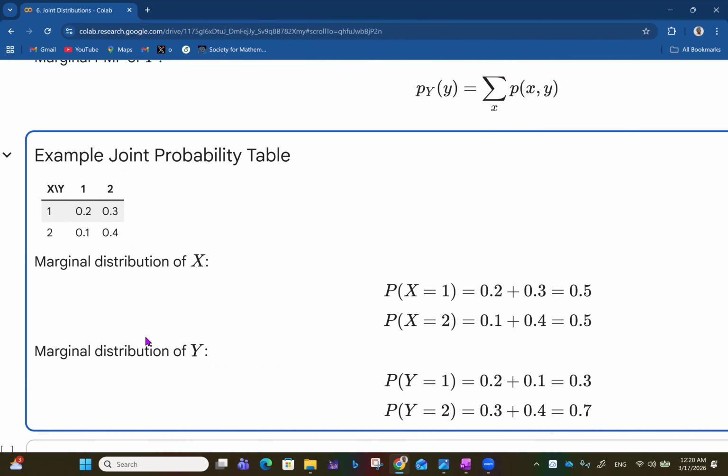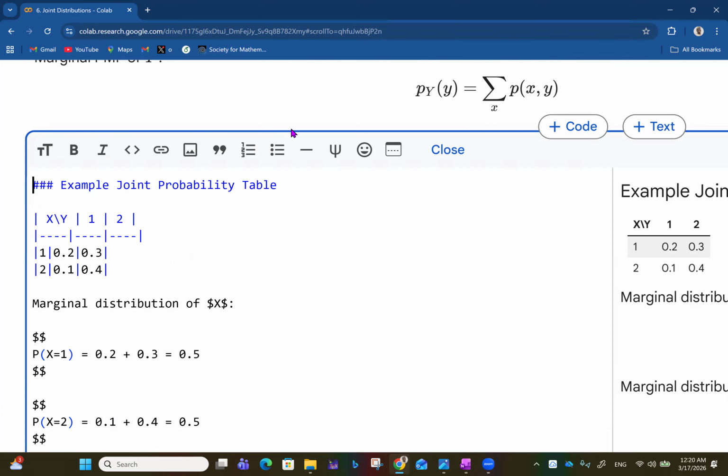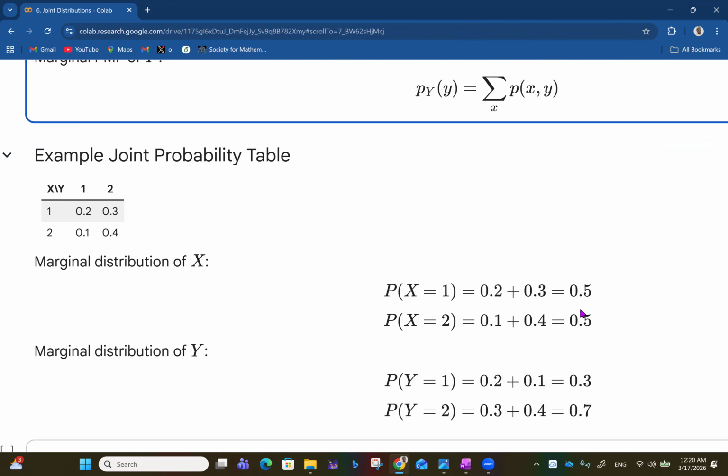Then if you're talking about the marginal distribution of y, for the marginal distribution of x, you sum across the rows. But for the marginal distribution of y now, you sum down the columns, right? So the probability that y is 1 now, you have 0.2 plus 0.1, that's 0.3. And of course, you see that the addition of everything, so it's 0.5, 0.5 summed up to 1, just like this one now.